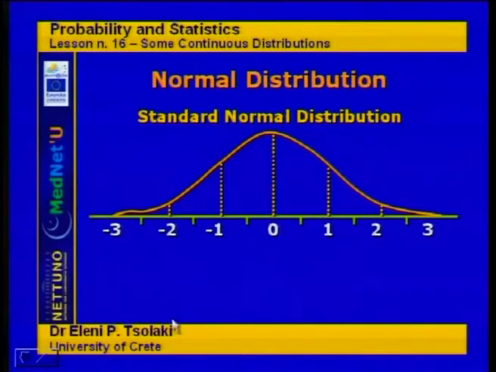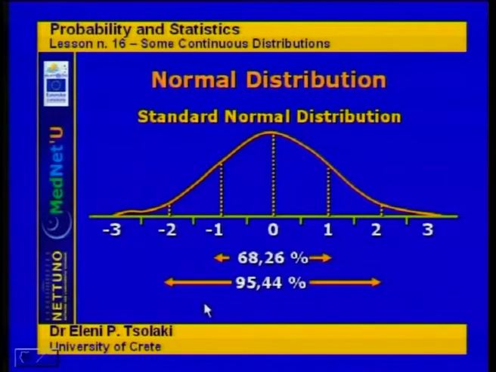Now, for the standard normal distribution, we also know that 68.26% of the area underneath the curve is between -1 and 1. This area is 68.26% of all the area underneath the standard normal distribution.